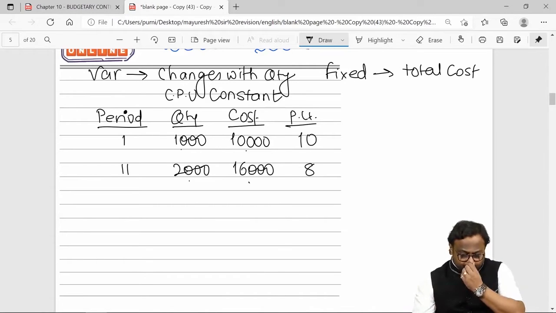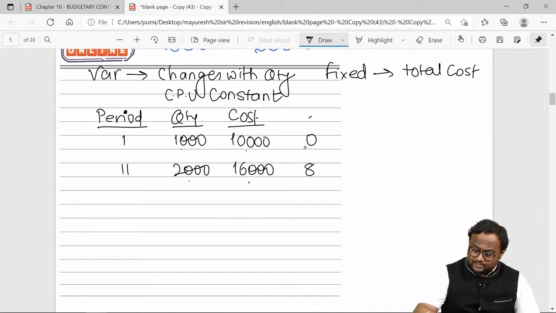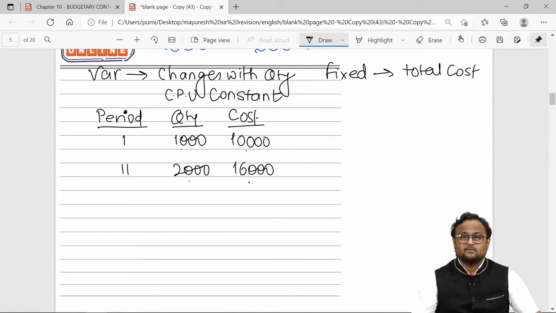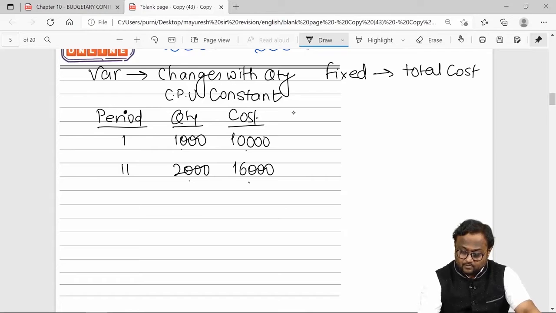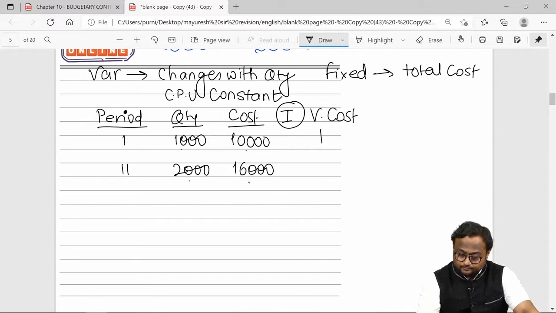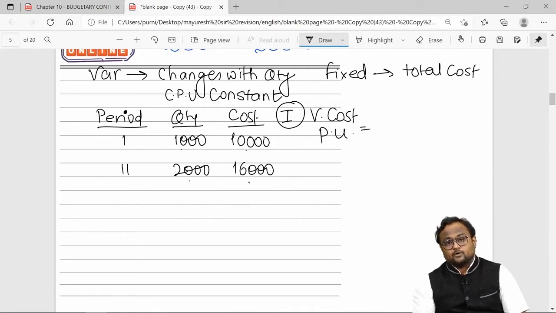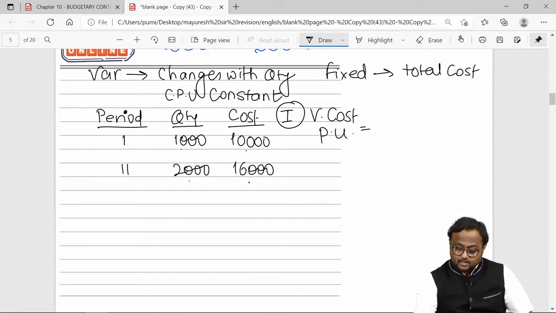And if it is your semi-variable cost, how to split that? Because I'm not interested in total. So my first step will always be getting variable cost per unit. How much is the difference in cost? 6,000.